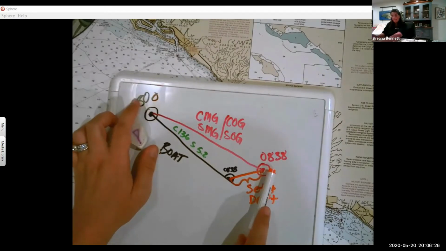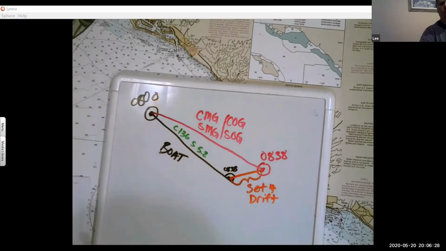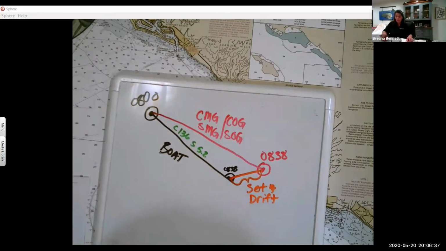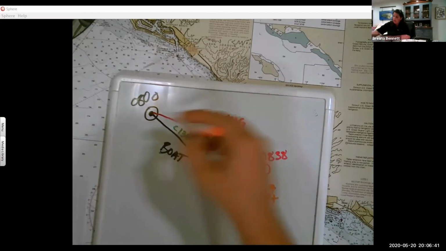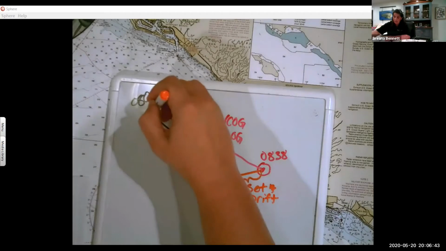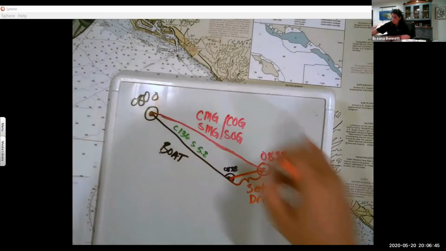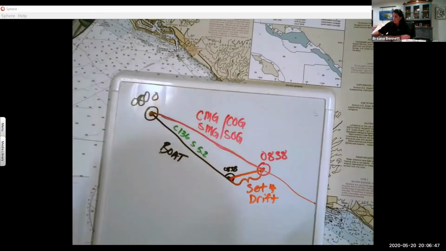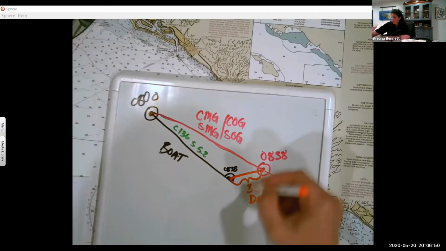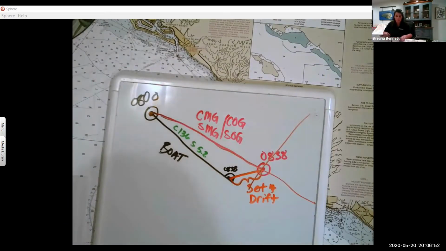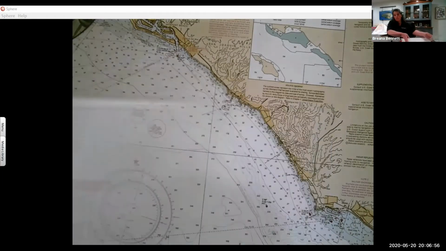Okay, thank you. Hey, Bree, can you show me your course over ground, how you got the heading on that? Yes, so because on this actual question, my bearing came from the same position, it was the same line. So we measured that line.